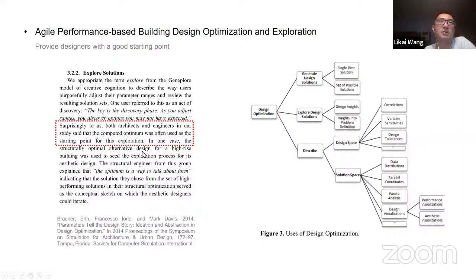So this is also the purpose of my development of EvoMass: to use EvoMass and the design optimization process to provide the designer a starting point for their design, rather than to give the designer a direct solution for their design problem.